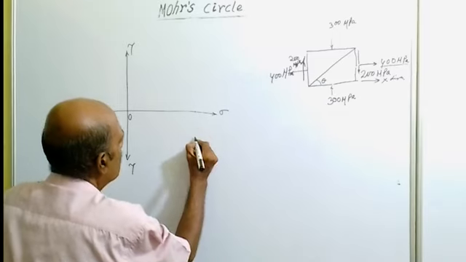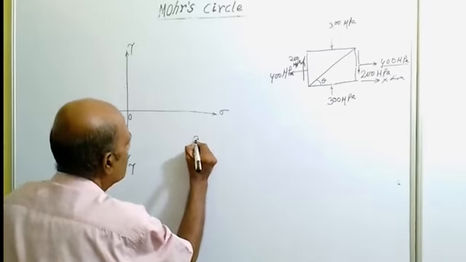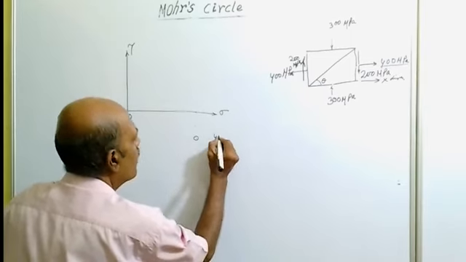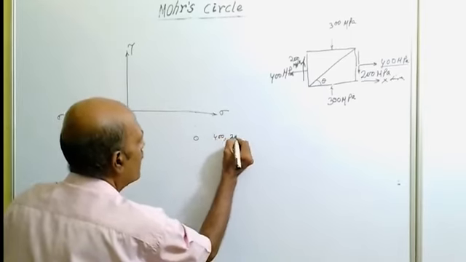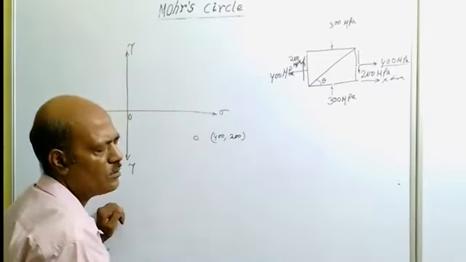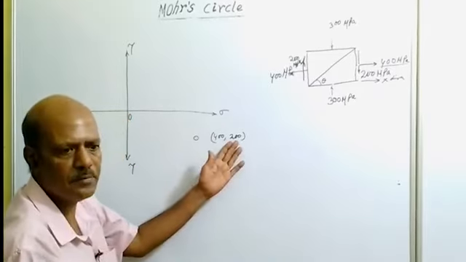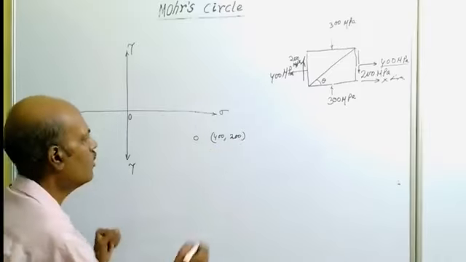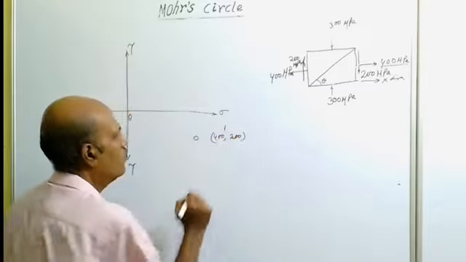So 100, 200. So you will get this point, that is 400, 200. Already negative side we have taken, so no need to write negative 200. So we have got this point. This point is first point.